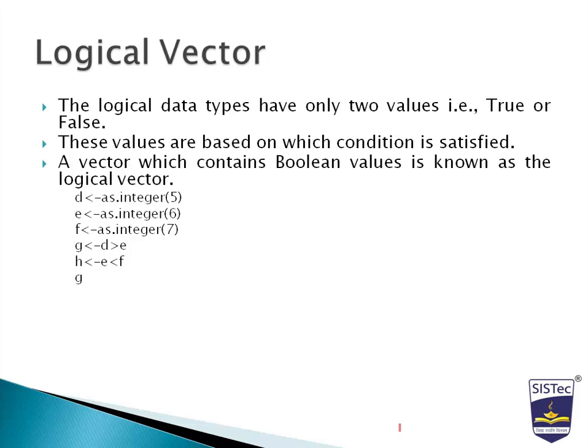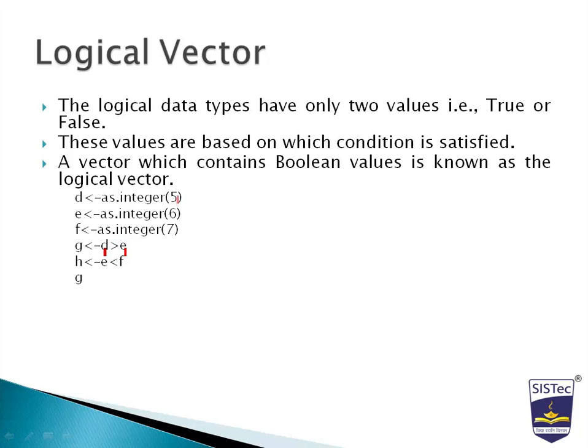So here we entered three different integer values in three variables d, e and f, and in the g variable we are going to compare whether d is greater than e.